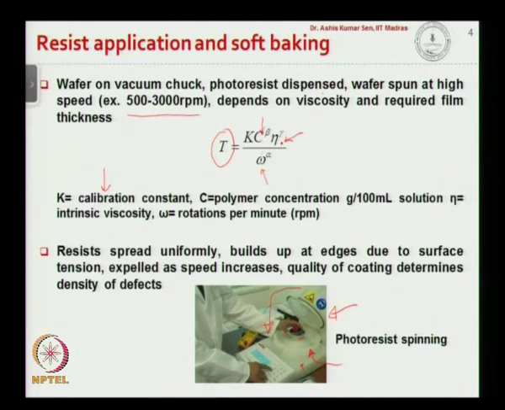Now when we dispense photoresist and spin the wafer, the photoresist, due to centrifugal force, will go towards the edge. But there would always be an edge effect where more of the photoresist will be around the edge of the wafer.